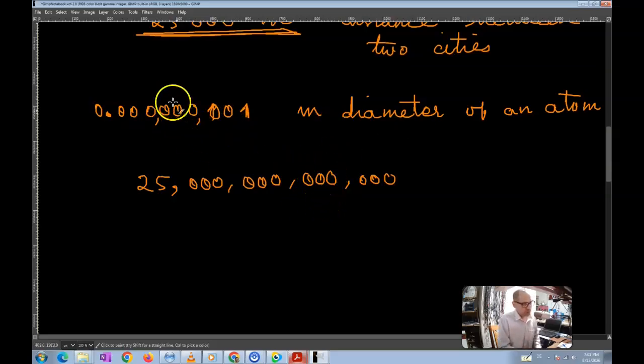Now this number could very easily be written as, for example, 1 into 10 raised to the power negative 9, using the scientific notation, which we will talk about later on in physics.